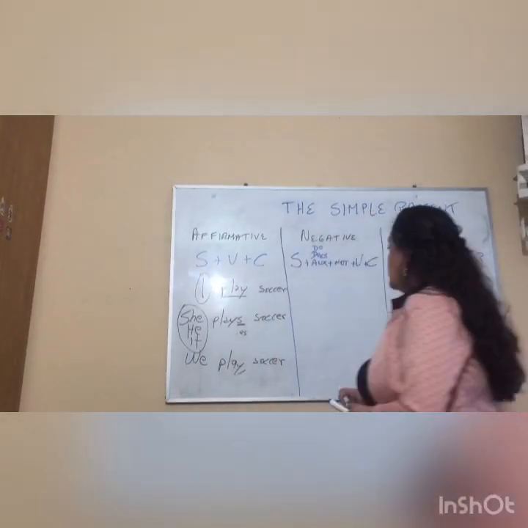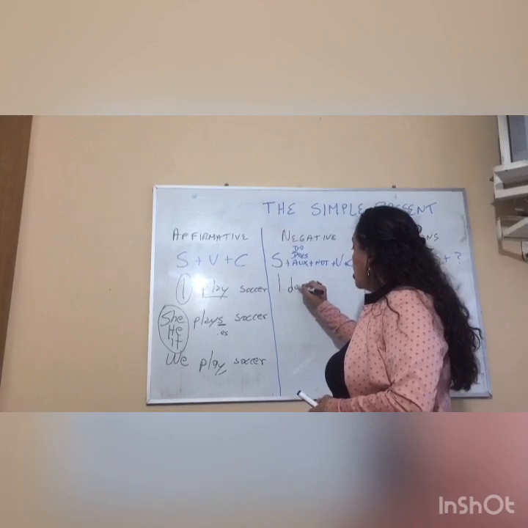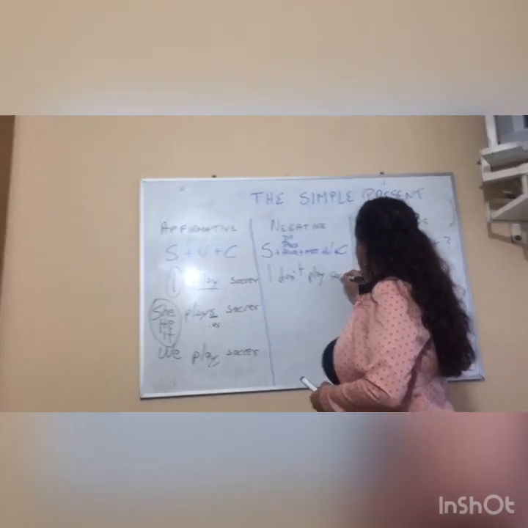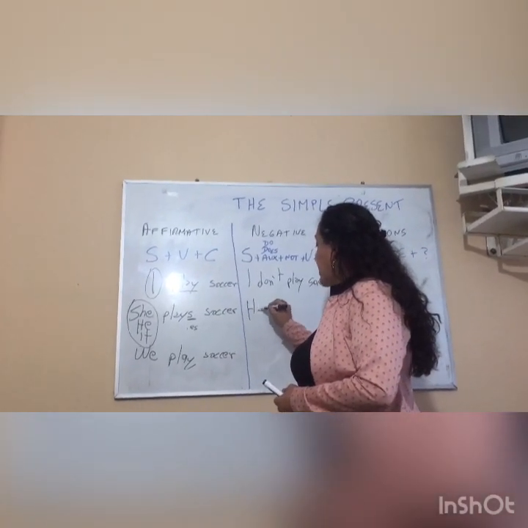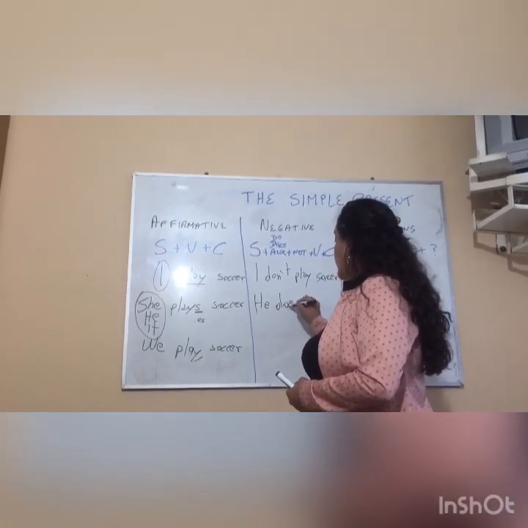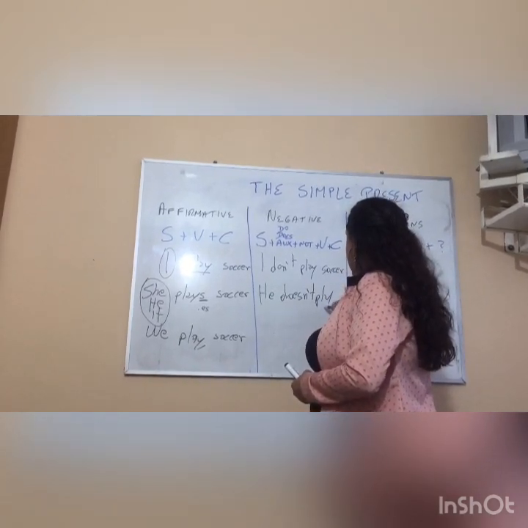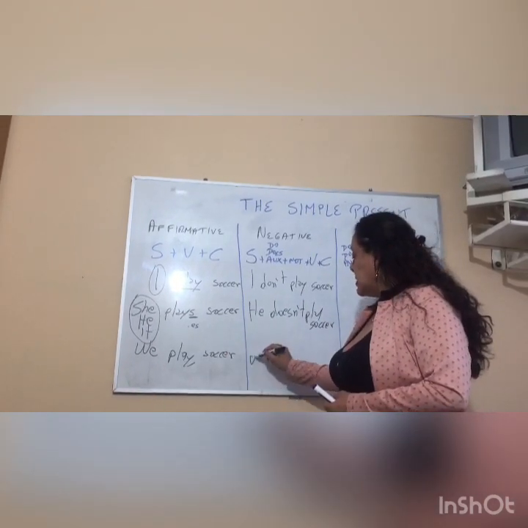When we are using the negative form, we say I don't play soccer. When we are using the third person, we use the auxiliary does, so doesn't. He doesn't play soccer. With we it is the same.